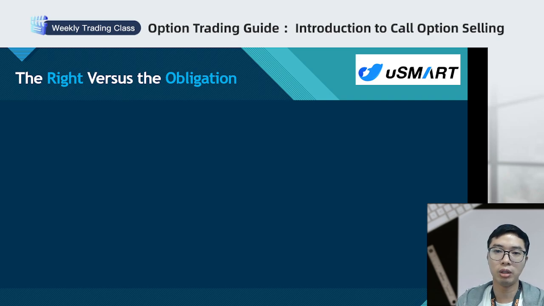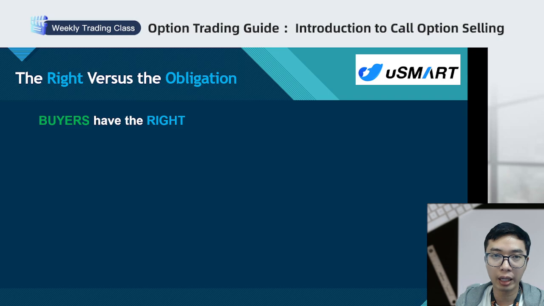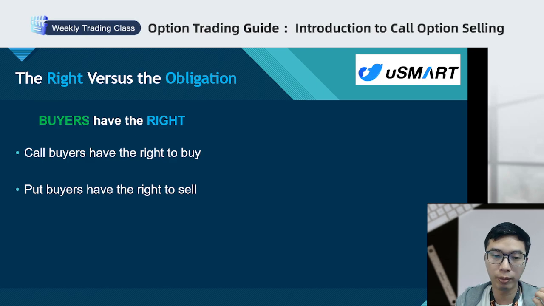So let's do a recap of what options are. Basically there are two types of buyers and two types of sellers in options. Buyers always have the right to buy or to sell. Call buyers have the right to buy, and put buyers have the right to sell. And buyers always have limited risk.